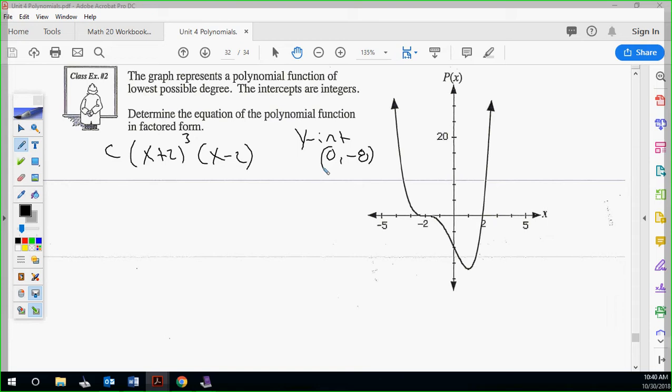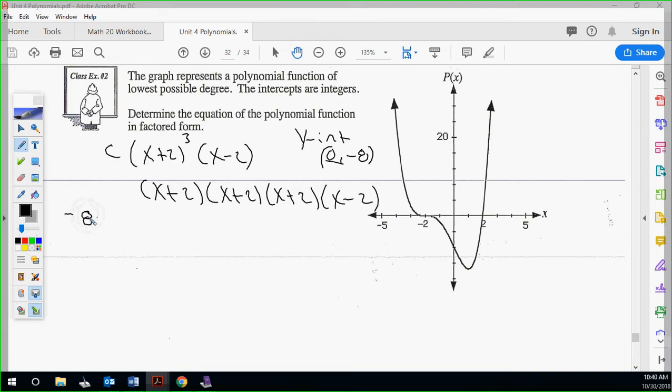Does that make sense? Let me say that one more time. There's 3 x plus 2's here. So if I wrote this all out, this is tedious, but just so you can see it, we know that 2 times 2 times 2 times -2 will be a constant. That constant in this situation is -16. We're at -8. So the c adjusted that -16 to -8 by halving it. So we're expecting c to be a half. We're still going to do the work. So put zeros in for your x's and solve for c.